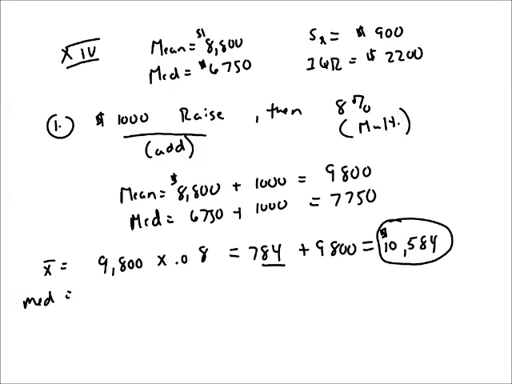Median is 7,750, excuse me, times 0.08, which is $620. Plus the 7,750 gets $8,370.